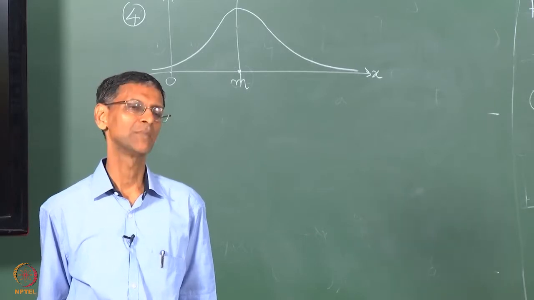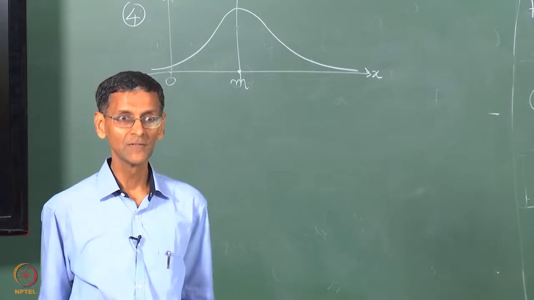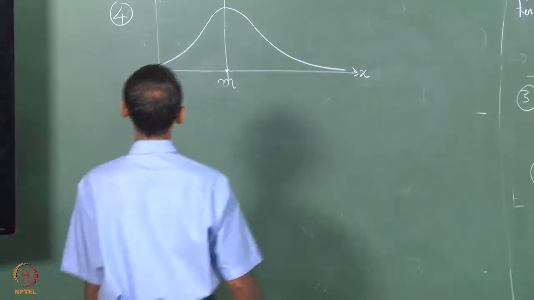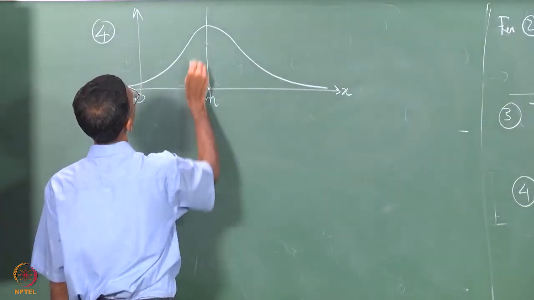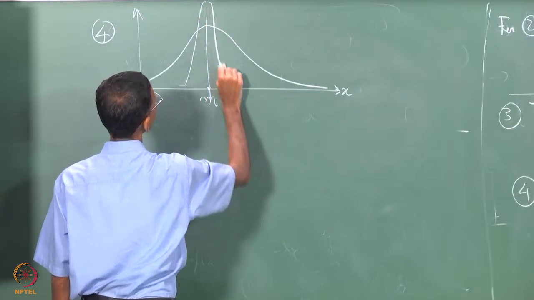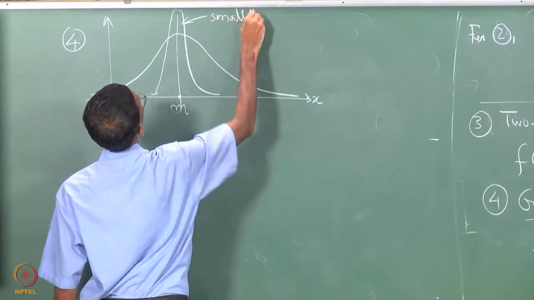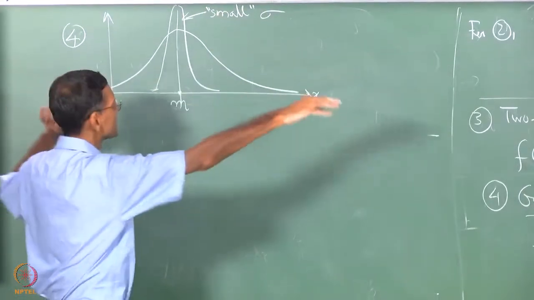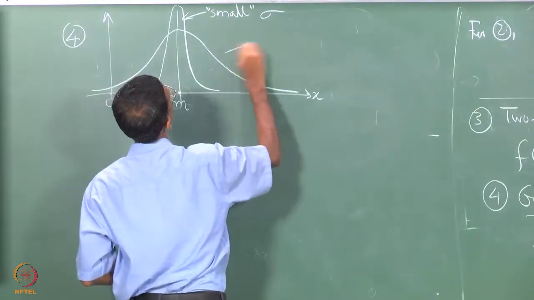For small sigma, you get a nice high, sharp curve concentrated around M. This is what you get for small sigma. So as sigma increases, the spread increases, always remember this.